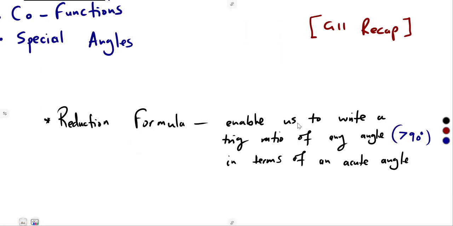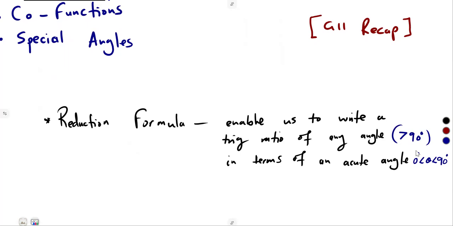An acute angle is an angle which is less than 90 degrees. So we can have that as an angle theta or x, whatever you're given, which must be greater than 0 but less than 90 degrees. Any angle within that interval.